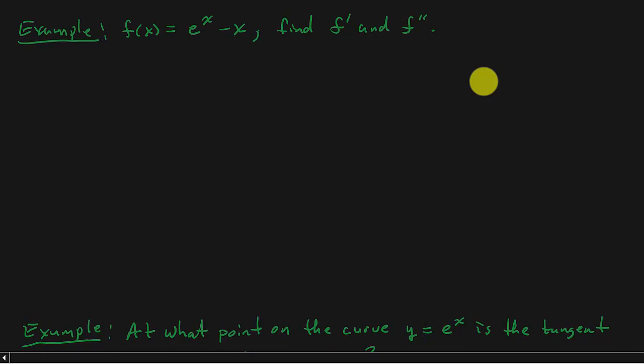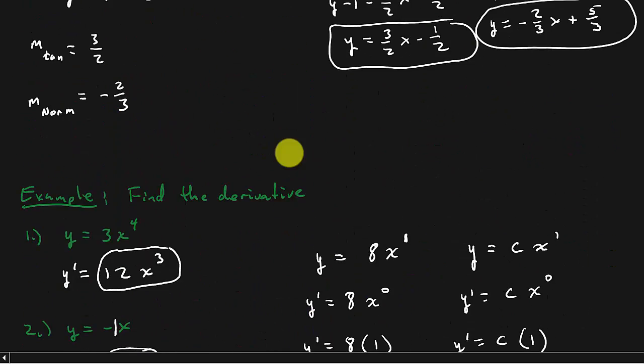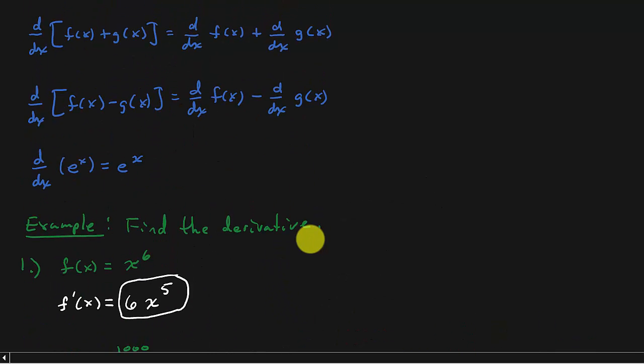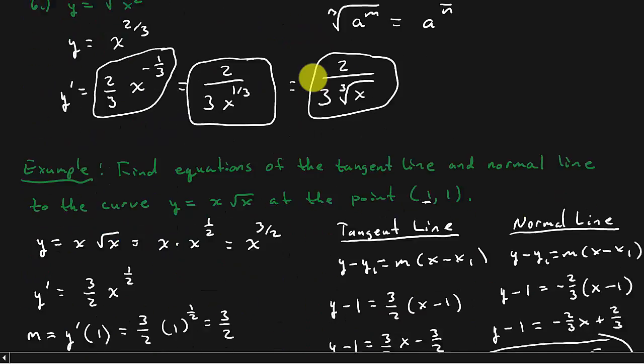All right, so here they want us to find the second derivative of f. So I've got f prime of x is equal to, well, what's the derivative of e to the x? We learned that at the very first of the video. The derivative of e to the x is e to the x. That's easy enough to remember.